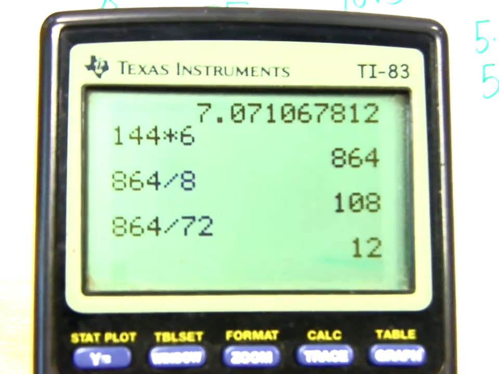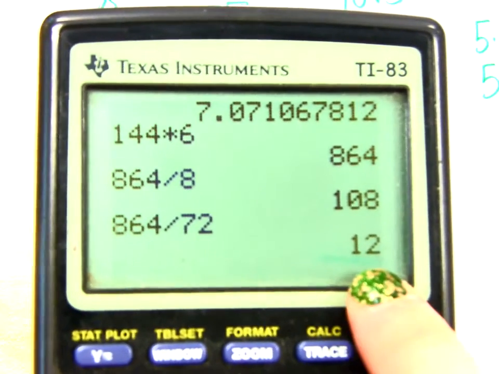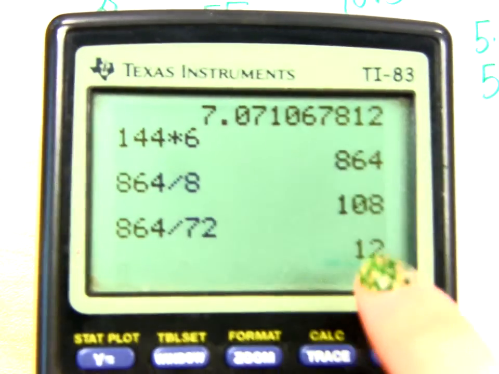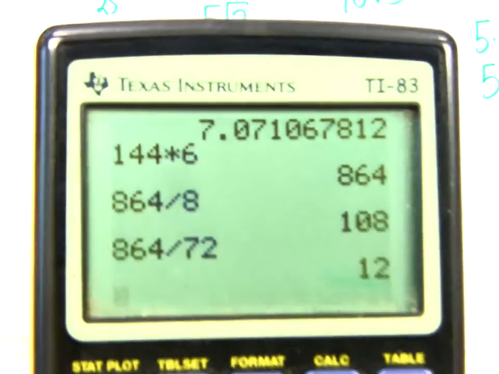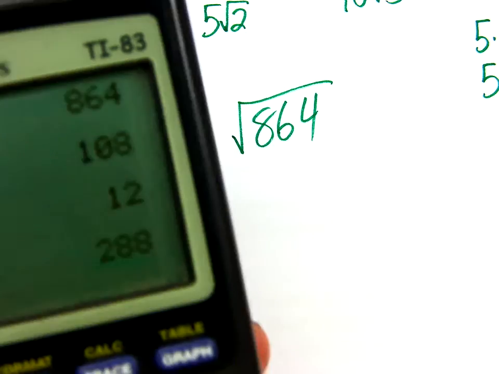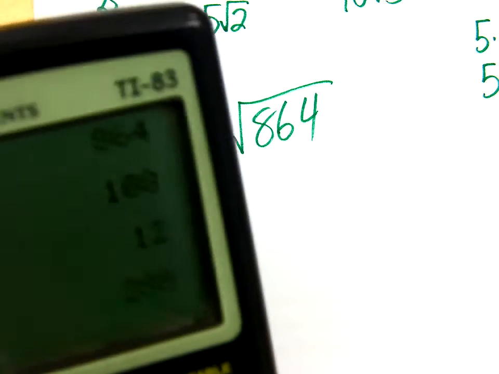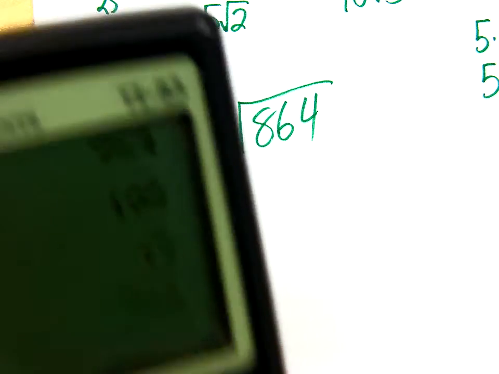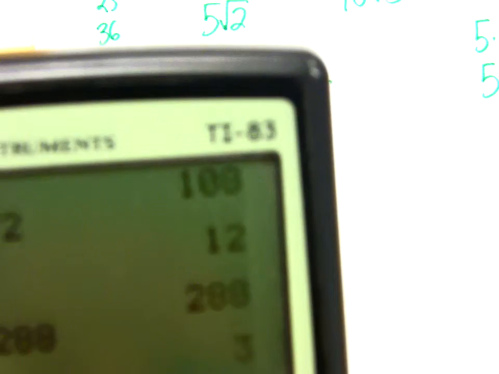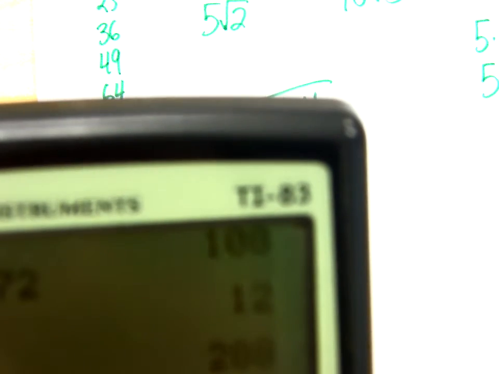I'm getting closer. But 12 still has a perfect square factor of 4. So now I can take the 4 out and put it here. So 72 times 4 is 288. Does that go into 864? Yeah, 3 times. Oh, but that's not a perfect square, so that didn't help me.